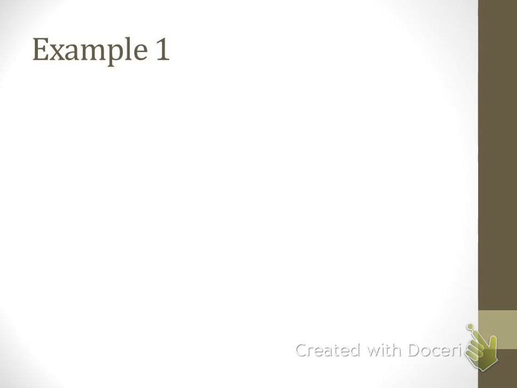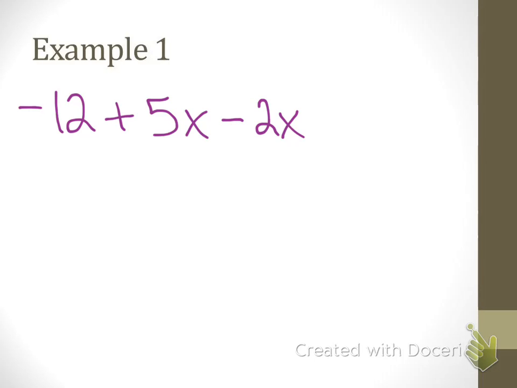Okay, what if you had negative 12 plus 5x minus 2x minus 4. Okay? Now, the instructions would say, simplify the expression.